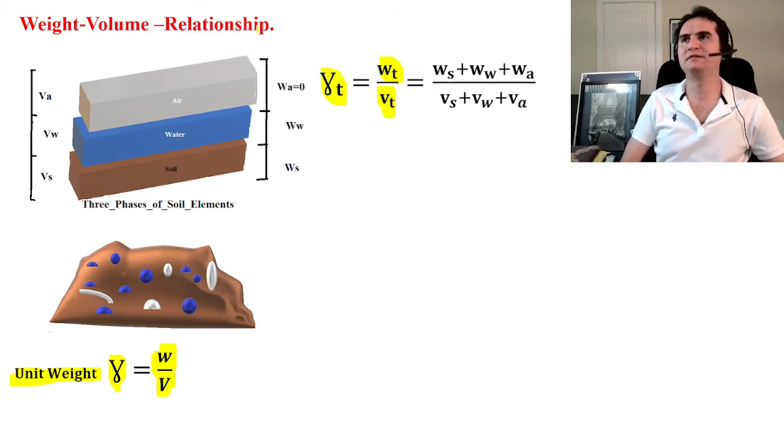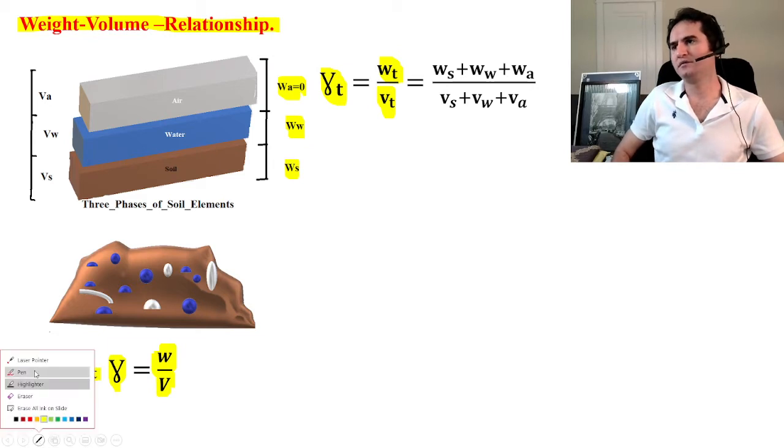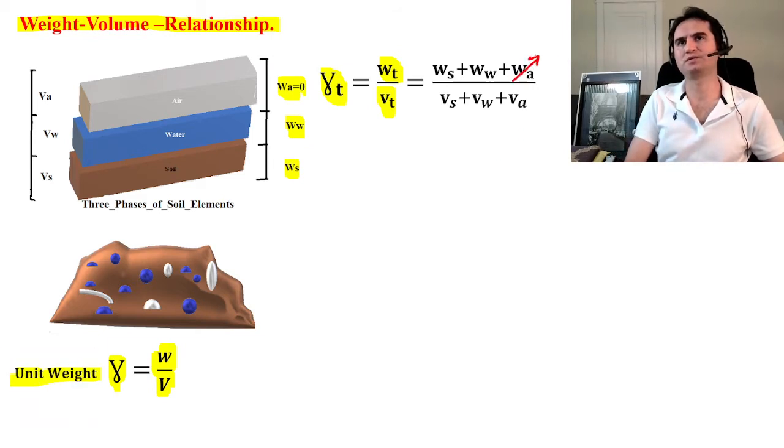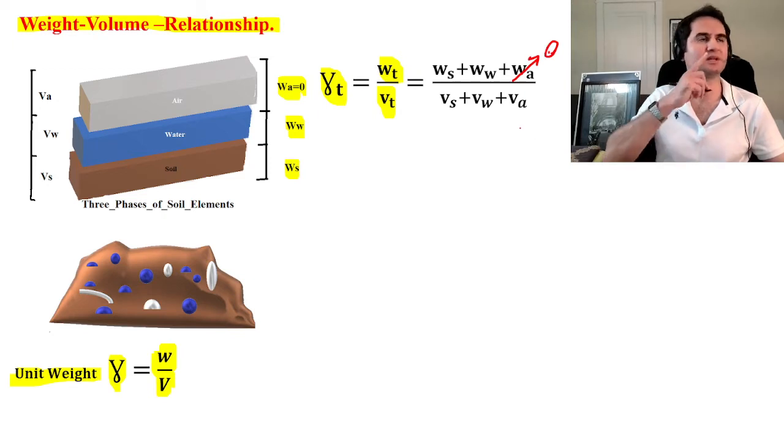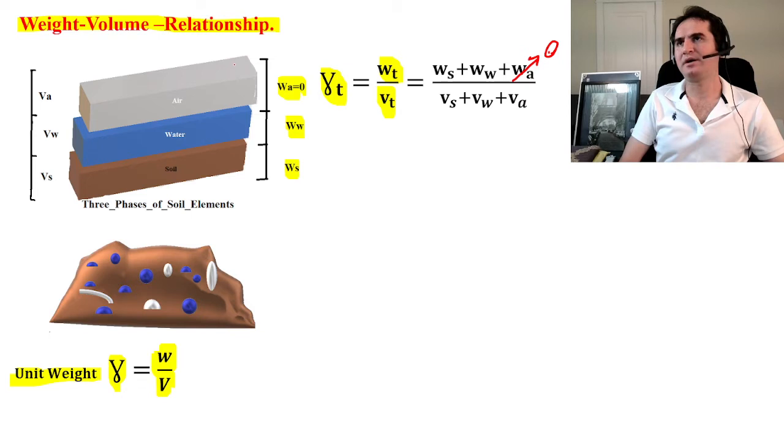In the weight-volume relationship, the total weight is weight of air, weight of water, and weight of soil, and the weight of air goes by zero because it is almost close to zero. The denominator is the volume of soil plus volume of water plus volume of air. Definitely air occupies some space, but for the weight we consider it to be zero.